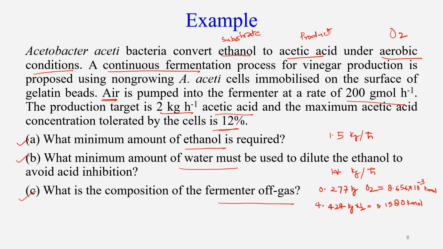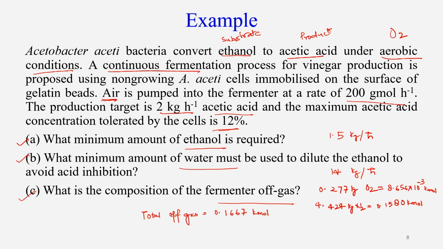Typically off gas is reported in terms of the percentage of nitrogen and the percentage of oxygen. So, the total off gas is 0.1667 kilomole.